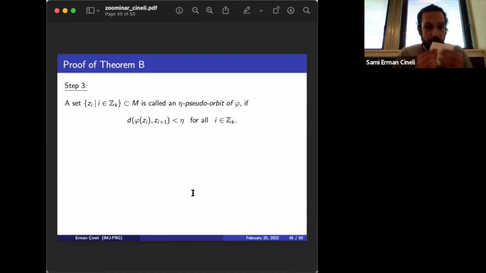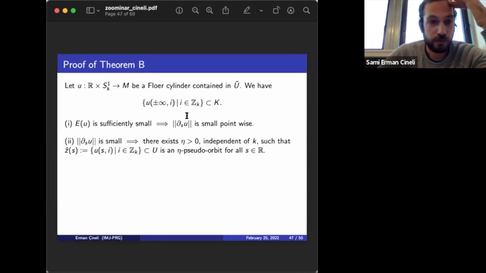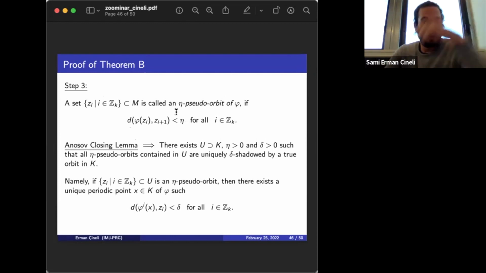Now, let me recall the following definition. A set in M parameterized by Z is called an eta pseudo orbit of phi if it is almost an orbit of phi up to an error eta. Now we're going to use the Anosov closing lemma.